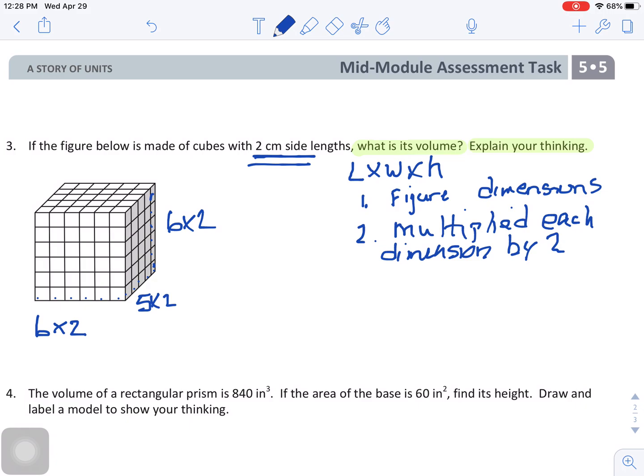Okay, and that's important. So, and now, to find my volume, I would multiply all of the dimensions.